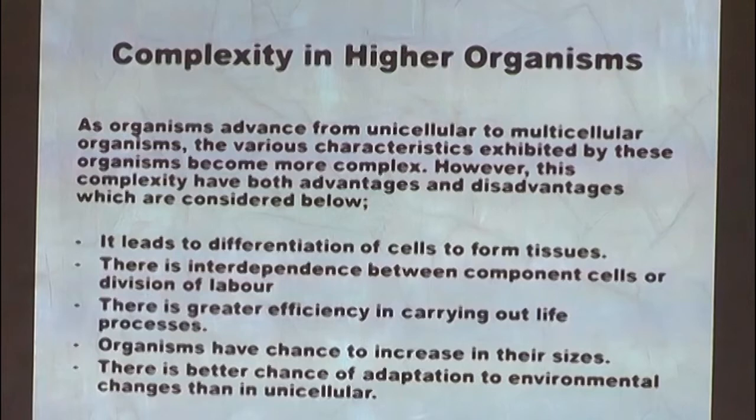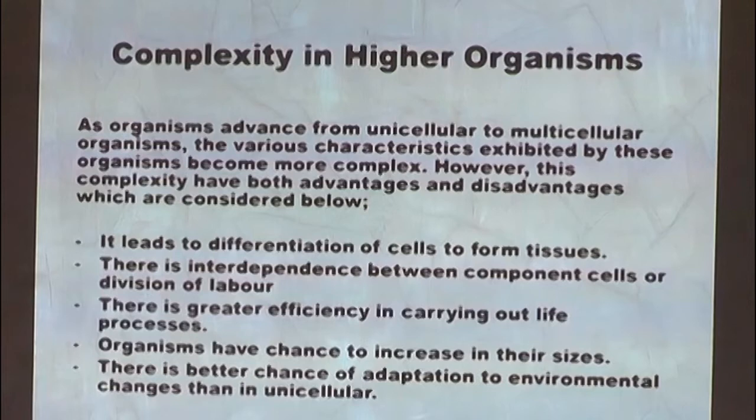In the same way, only one cell did the work of all the characteristics. But when there is complexity in higher animals, this work will now be shared by various cells that are differentiated into organs, into systems, and all of that. The organism will also have a chance to increase in size. Unicellular organisms are always microscopic.